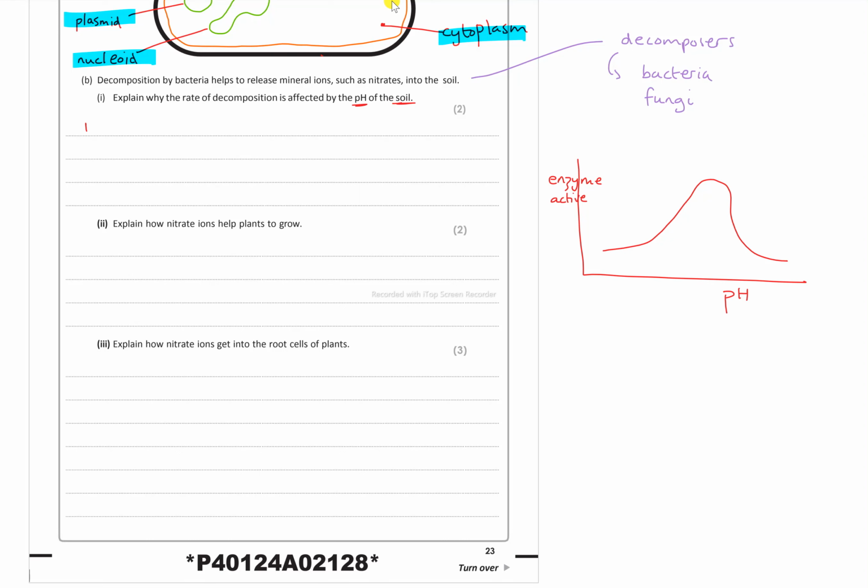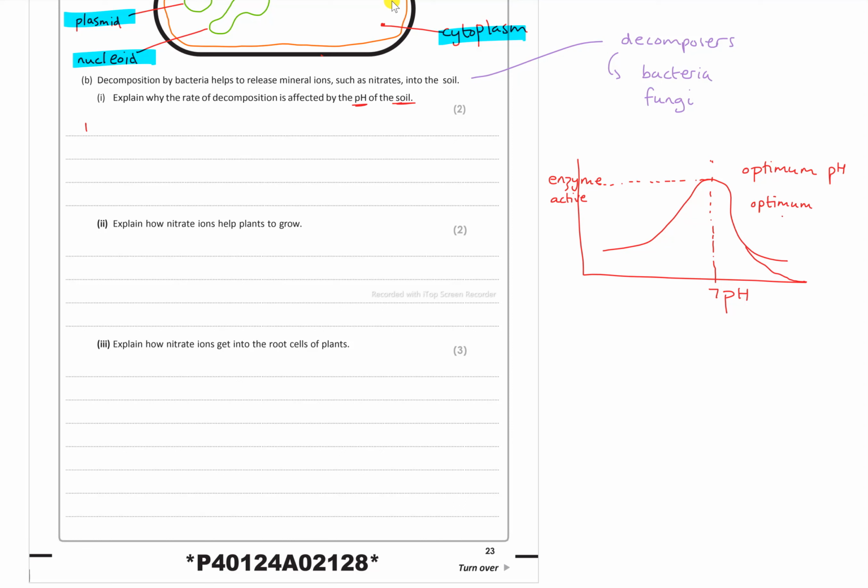Just say our bodies, well, it depends which. In the stomach it'll be much lower. So if you've got a pH of 7, you're going to have maximum activity for this enzyme. That is called its optimum pH.